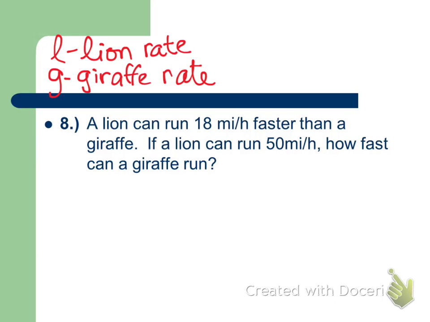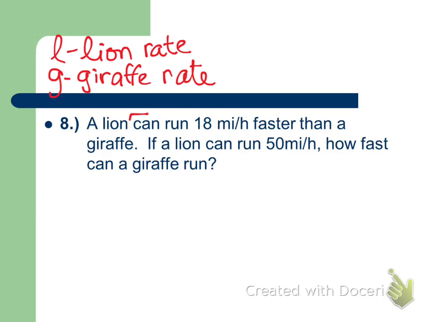So we have to define our variables first. Okay, so then it says a lion can run 18 miles an hour faster than a giraffe. This is tricky because they don't use the word is, right? We are used to seeing the word is to know where to put our equal sign.